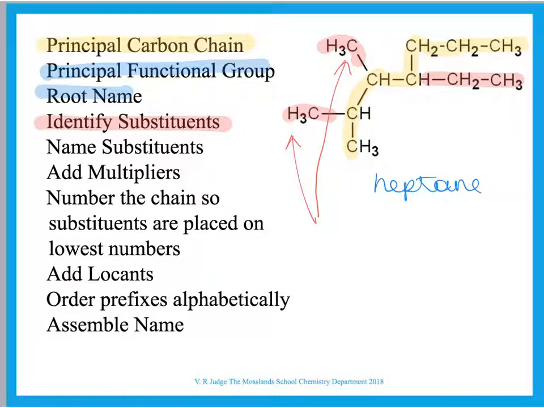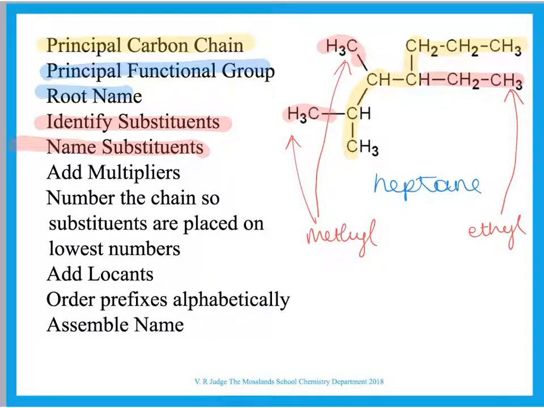Now if it was an alkane with 1 carbon atom, it would be called methane, but because this is coming off something else, we change the name to methyl. So they are both methyl groups, and this one has 2 carbon atoms in it, which would be ethane if it was an alkane, so because it's coming off something else, we call that ethyl. So we've identified the substituents, and we've also named them.